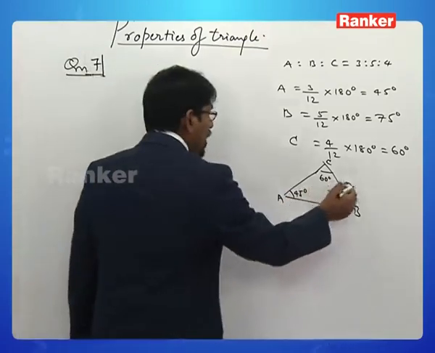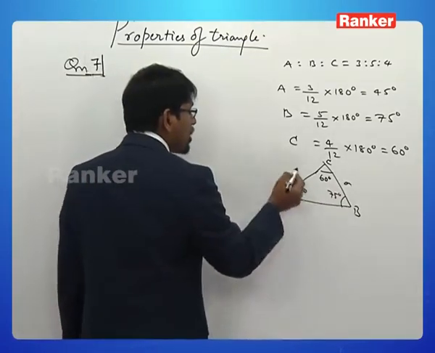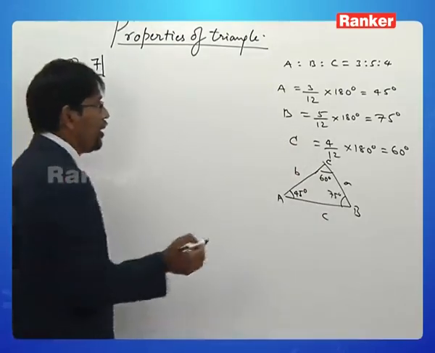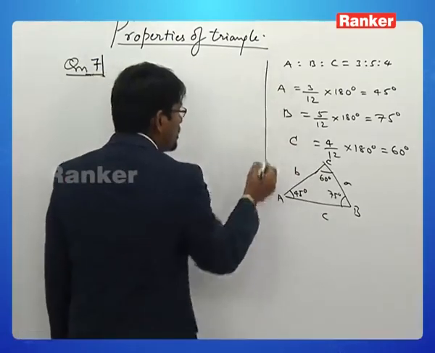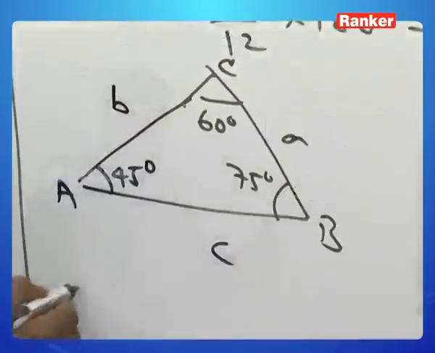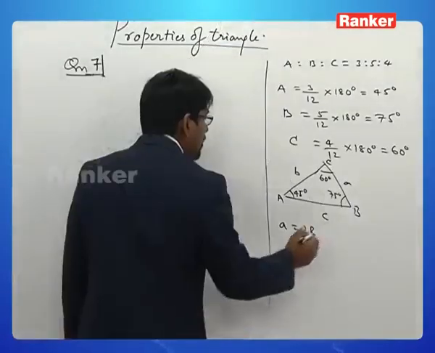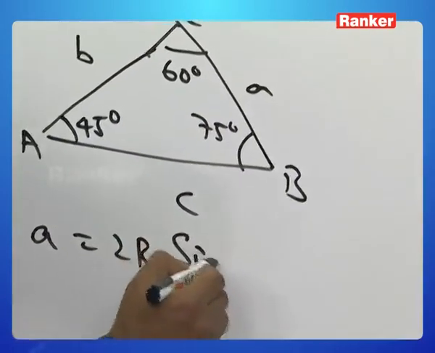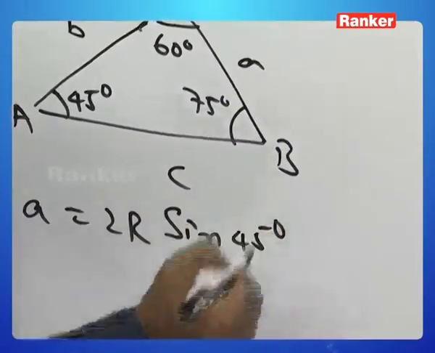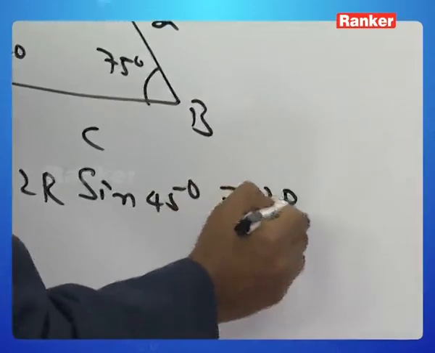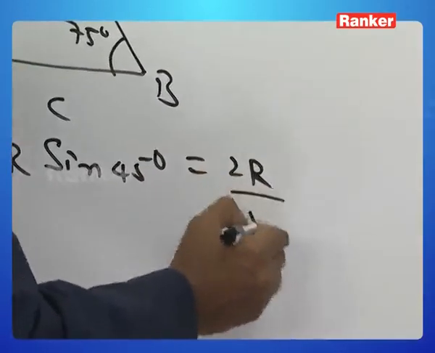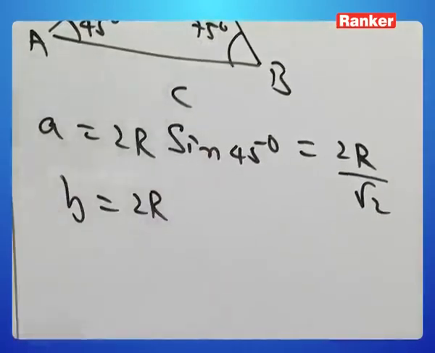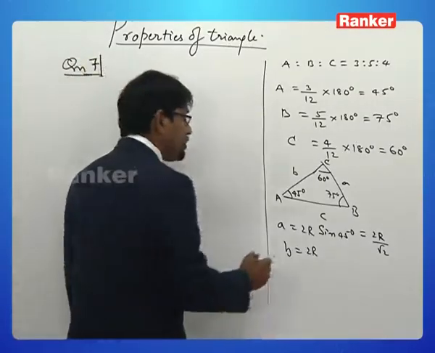That's how the triangle is. Now this is our small a, and this is our small b, and this is our small c. We know that by sine rule, a is equal to 2r sine 45. So that makes it 2r by root 2. b is equal to 2r sine 75.